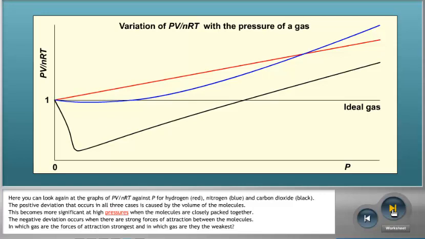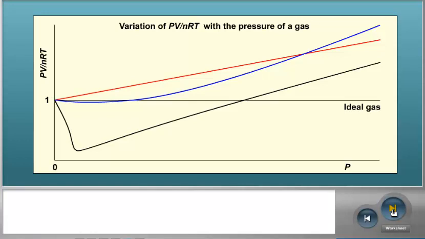The negative deviation occurs when there are strong forces of attraction between the molecules. In which gas are the forces of attraction strongest, and in which gas are they the weakest? Answer: strongest, carbon dioxide; weakest, hydrogen.